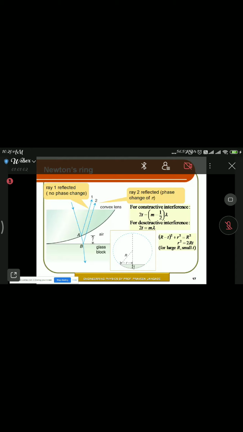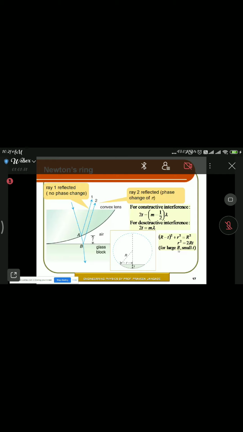Simple geometry has been applied here. This part is the thickness t of this plano convex lens, and this is the small r. We have considered this particular triangle and applied the simple theorem: (R minus t) square plus r square equals capital R square. If you solve this bracket, you get r square equals 2Rt.